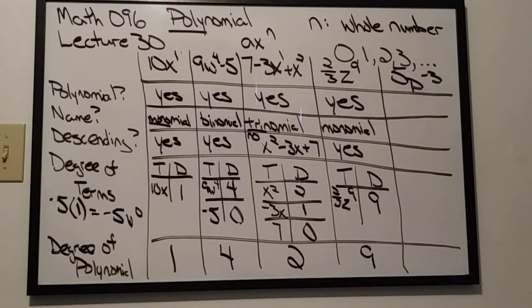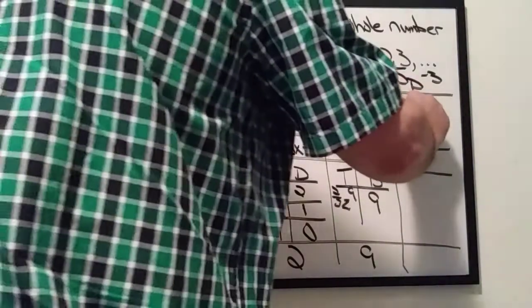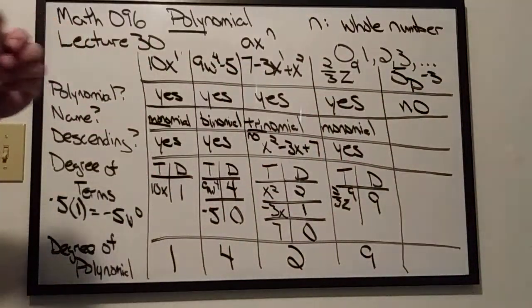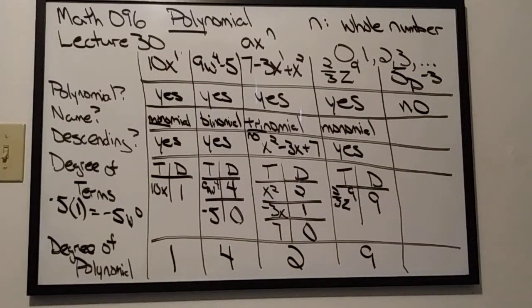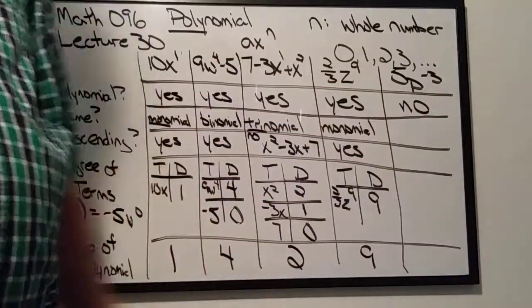And because I'm trying to have a power there that's negative, I'm not looking at a polynomial. So the answer here is no. And once I have no as the answer, no, this is not a polynomial, I can't answer any of these other pieces, because all the other pieces are associated only with polynomials. So this is one example where we would have to exclude it.